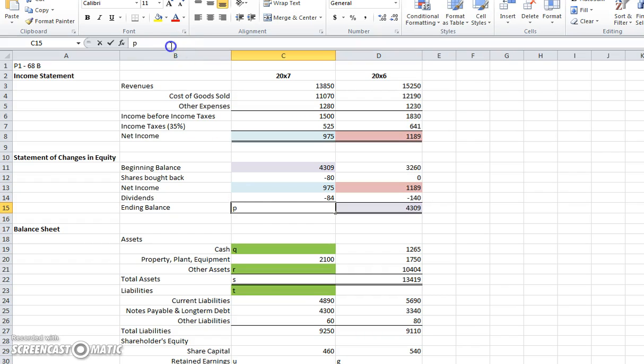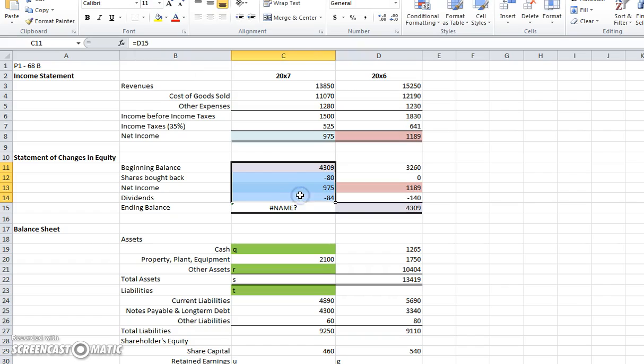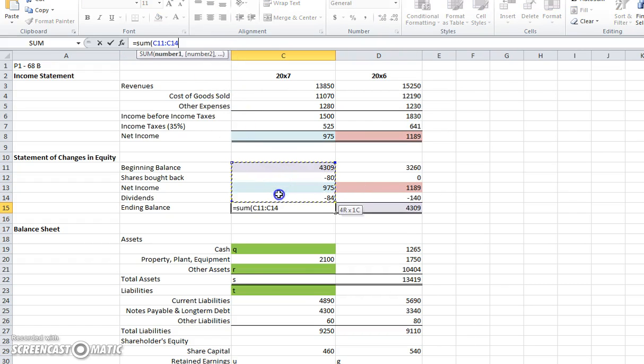So for P, what we want is to add everything up. You've got your beginning balance, the negative shares you bought back, which means shares you sold, and then the dividends, which is already negative, and the net income. And so let me do this. Hold on.